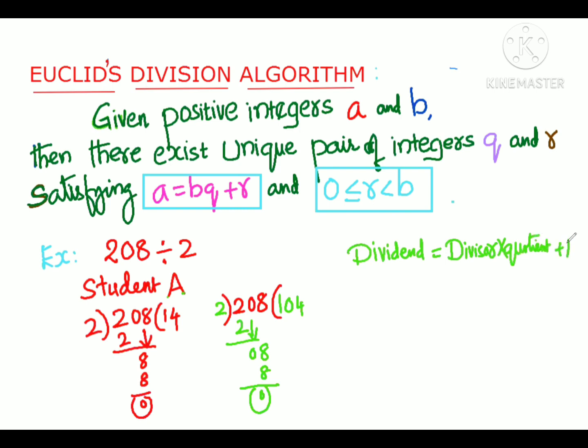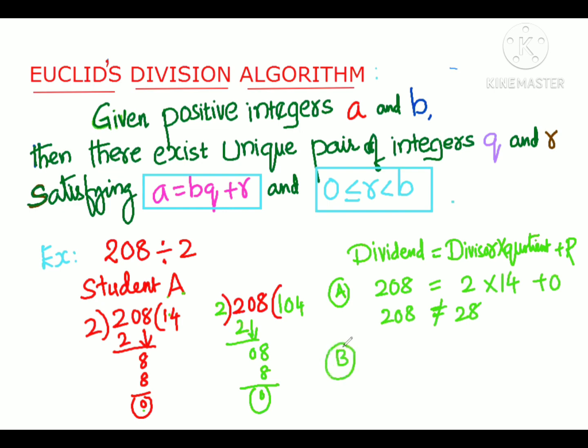First A: dividend 208, divisor 2, quotient 14, remainder 0. So 2 into 14 plus 0 gives 28, but the dividend is 208. So this is not equal.